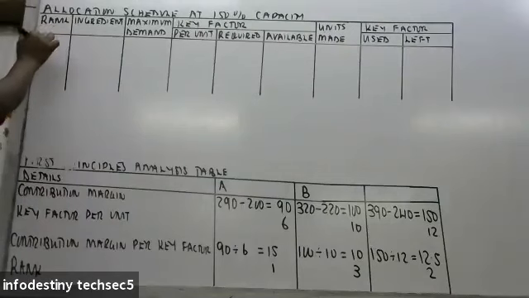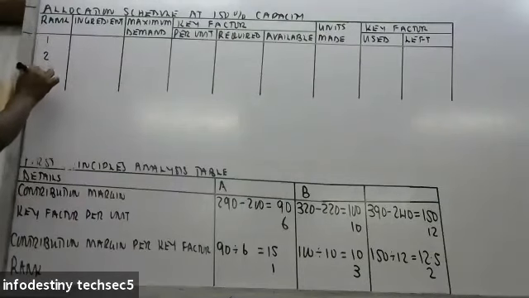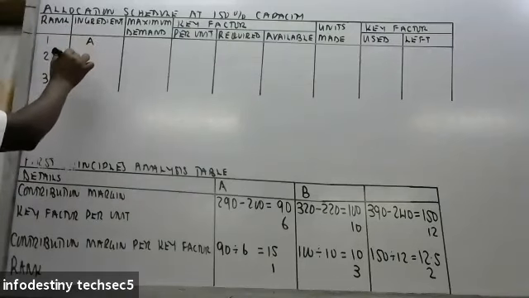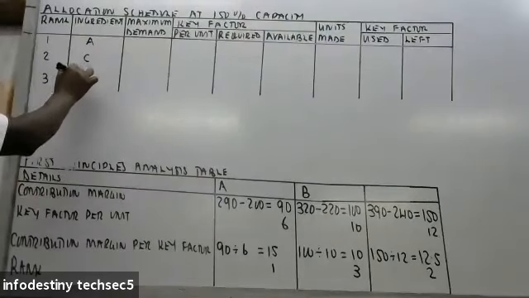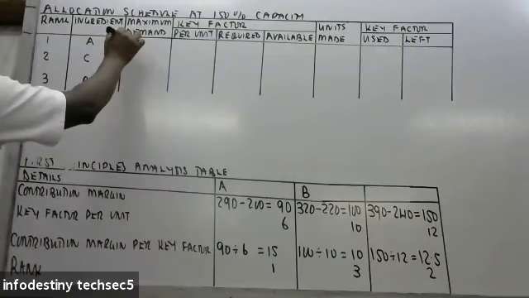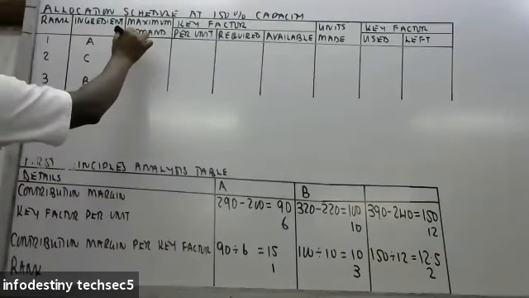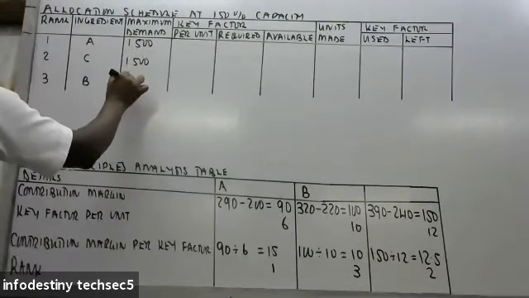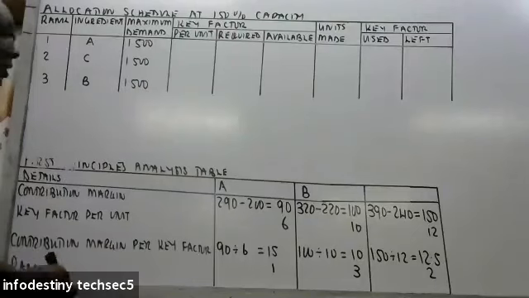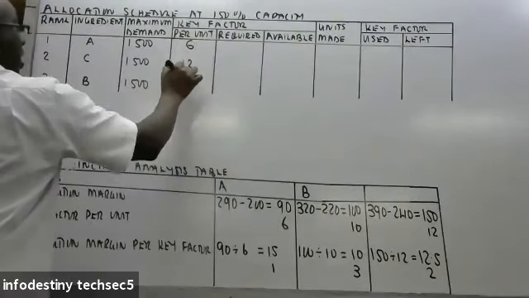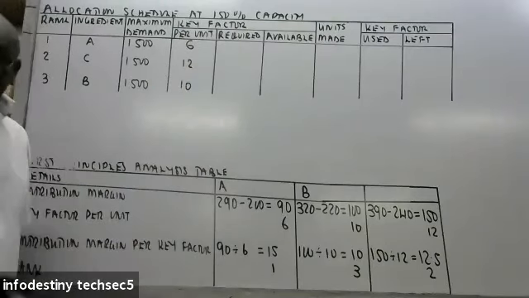This one is number 1, number 2, and number 3. Number 1 is A, number 2 is C, and this is B. Maximum demand at 150, all of them are 1,500. Then per unit, this is 6, this is 12, and this is 10.